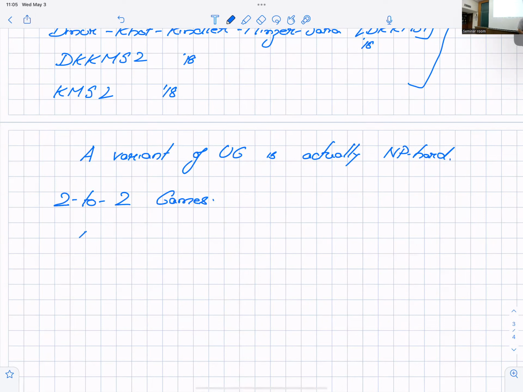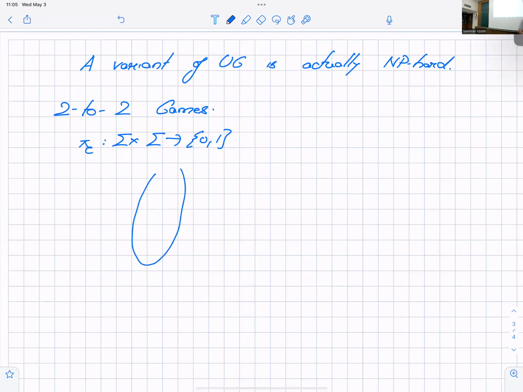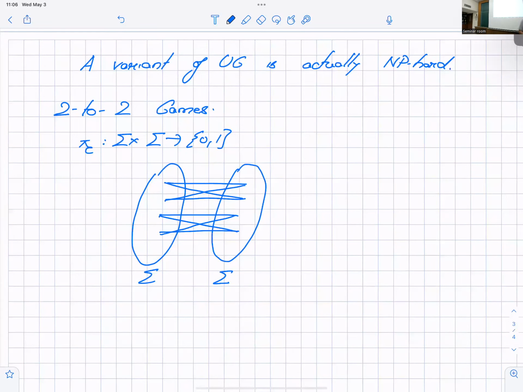Now it's just changing what the pi is. The pi in the previous case was a matching on sigma cross sigma. It's basically something of the following type. I'm going to draw sigma, sigma. It's a very specific case. It looks like for every possible assignment to one side, there are 2 possible assignments to the other side that satisfy this.